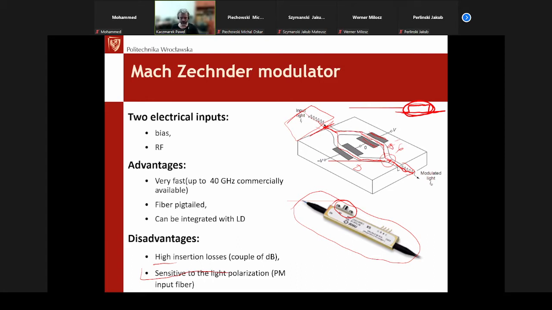But if you want to go to some extreme modulation frequencies, extreme modulation speeds, there are also limits connected with these planar fibers and the maximum frequencies we are able to have in such a modulator. You can imagine we have some capacitance here on these electrodes and other things which are preventing us from going with this frequency higher and higher.